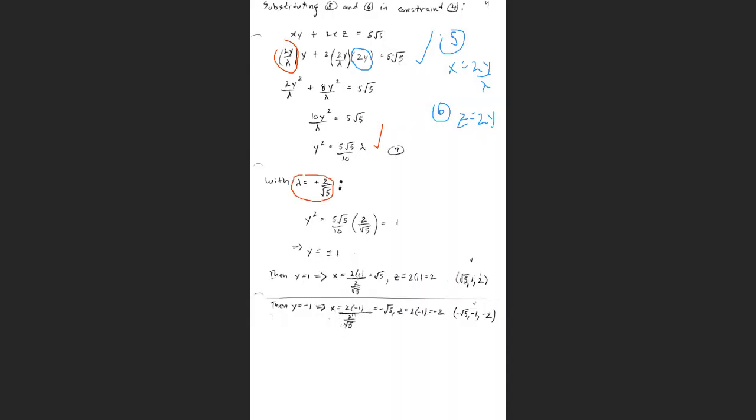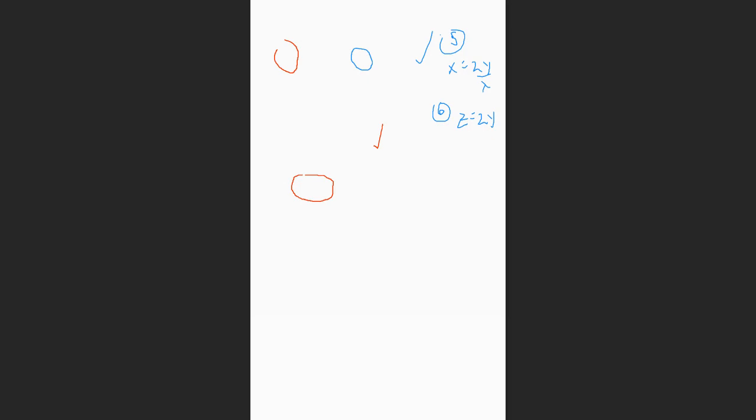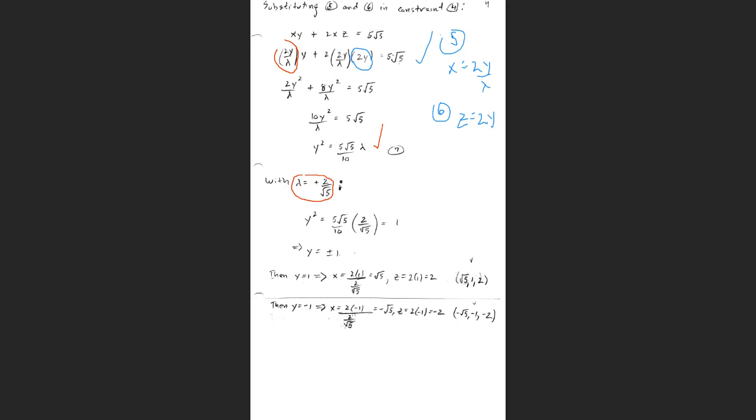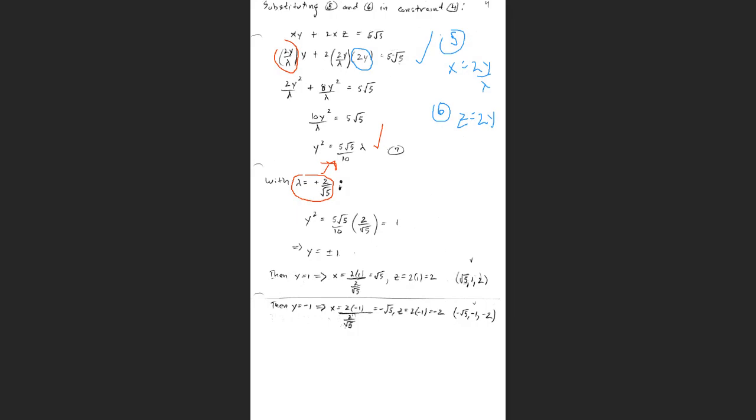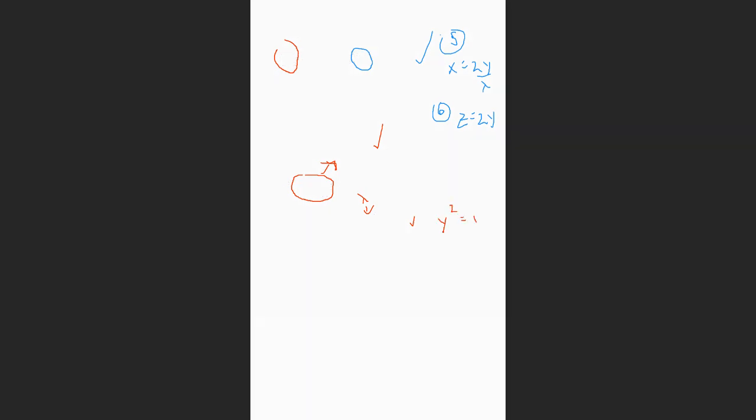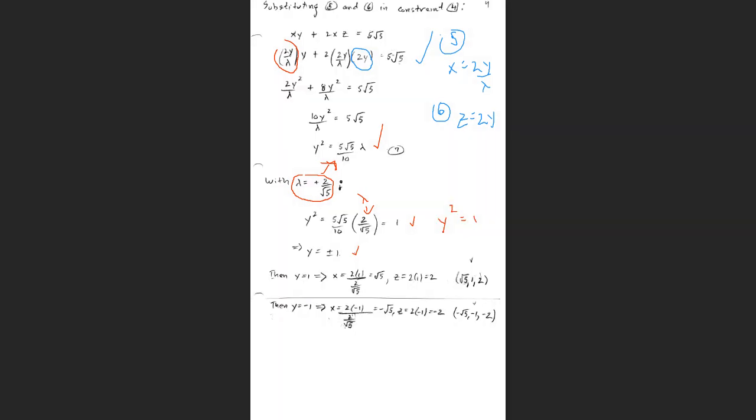So if I substitute that value of lambda in that equation, I'm going to get a 1. And so y squared equals 1, so y equals plus or minus 1.